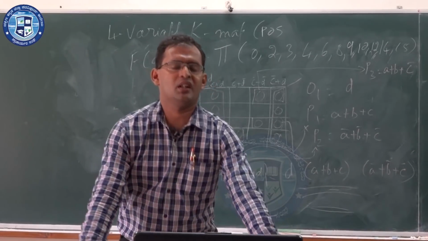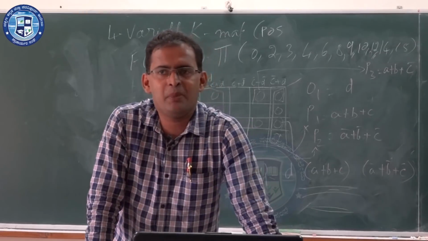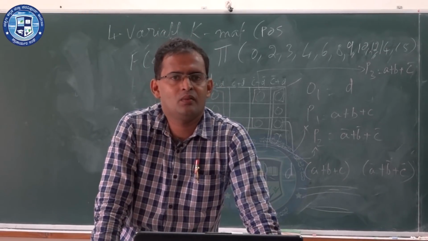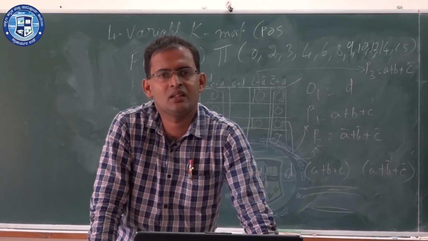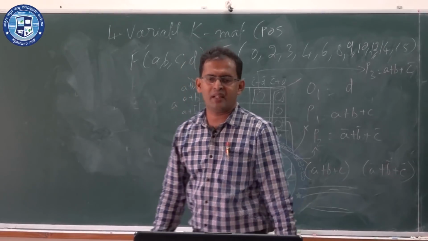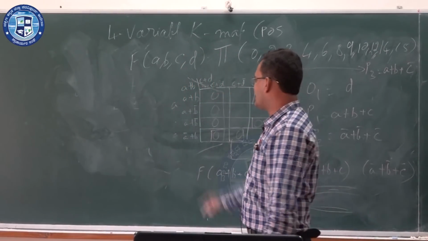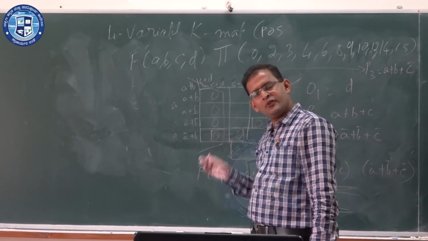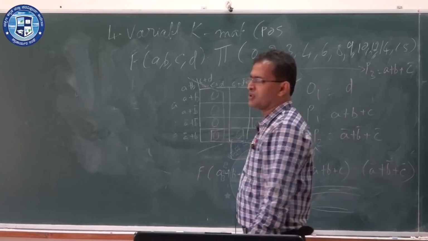So, in the session we have learned a K map procedure to reduce an expression for SOP and POS, where we saw 2 variable, 3 variable and 4 variable K map for SOP, where we plotted 1, and for POS where we plotted zeros.